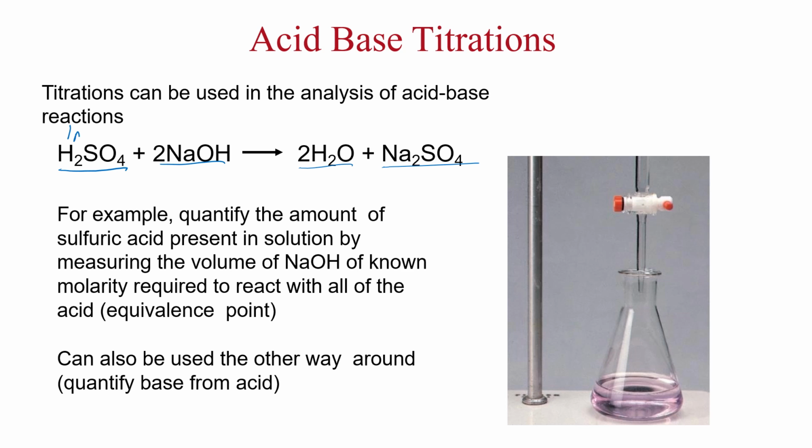So for every 1 mole of sulfuric acid that we react, we actually need 2 mole of NaOH to reach the equivalent point. And that's going to become important when we want to quantify the amount of, let's say, sulfuric acid present in solution.